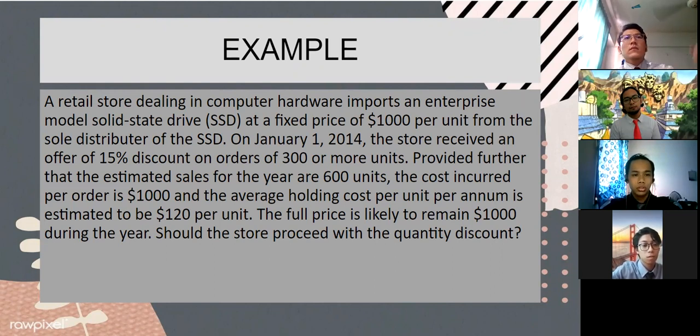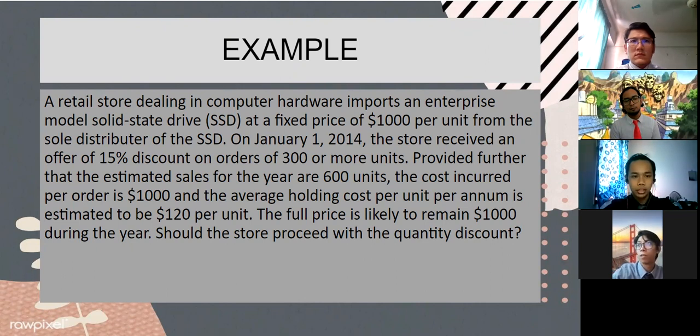A retail store dealing in computer hardware imports an enterprise model solid state drive at a fixed price of $1,000 per unit from the sole distributor of the SSD. On January 1st, 2014, the store received an offer of 15% discount on orders of 300 or more units. So it means that if you purchase 300 units or more, you'll get a 15% discount.